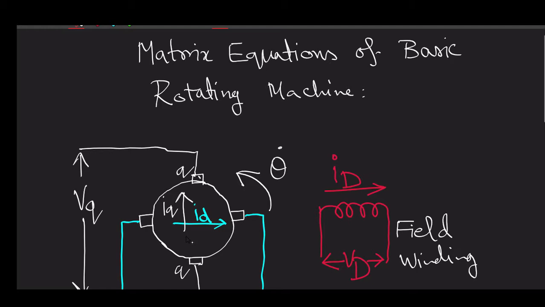So the generated EMF will be perpendicular, either pointing into, or coming outward from, the plane of the paper, or this plane of our laptop screen.